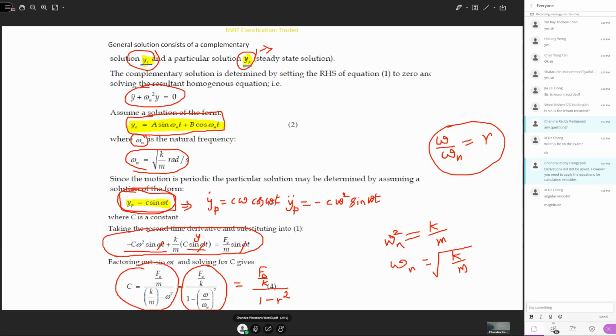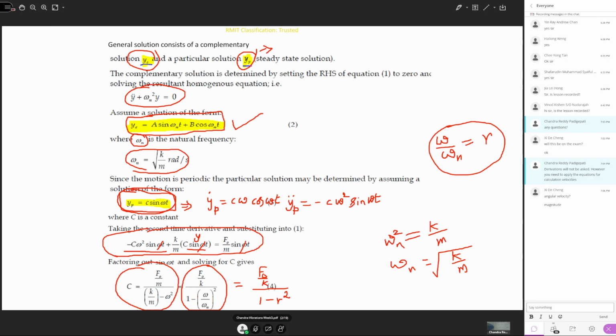One is the complementary solution. The other is the particular solution. The complementary solution we already know from the previous analysis: A sine omega nt plus B cos omega nt.